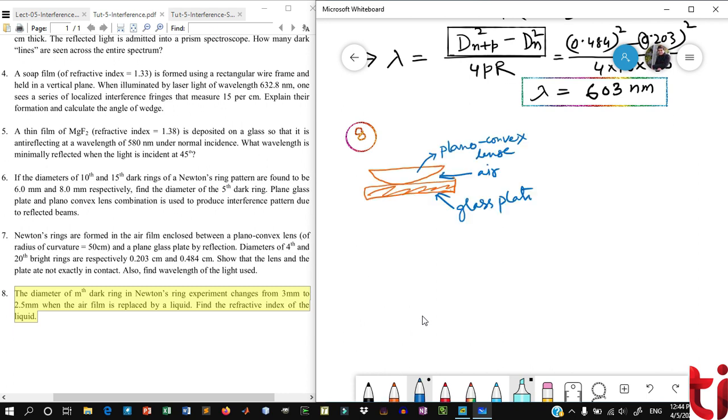The question is that when we replace this air film with some other liquid, then the diameter of the mth dark ring is 3 mm for air and 2.5 mm for the liquid. We have to find out the refractive index of this liquid.